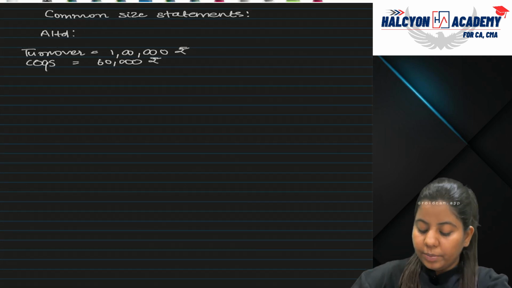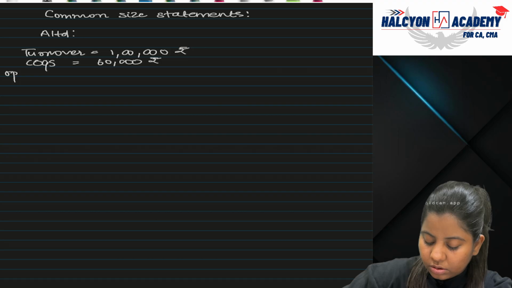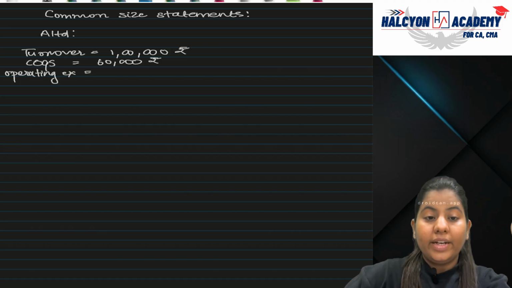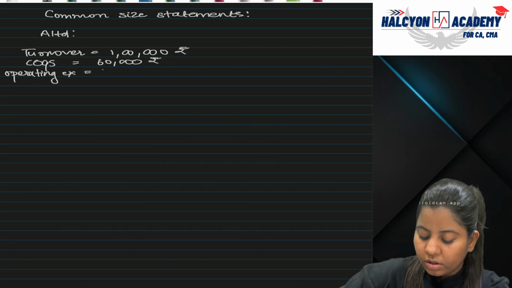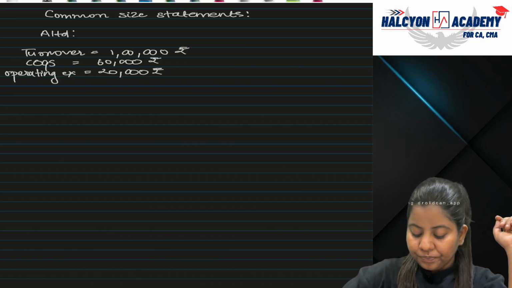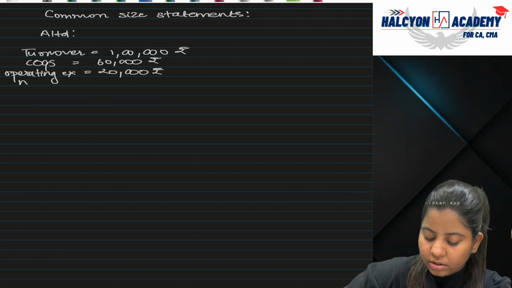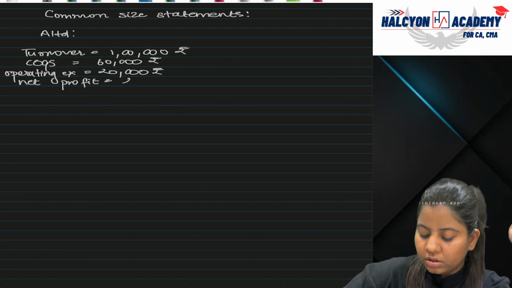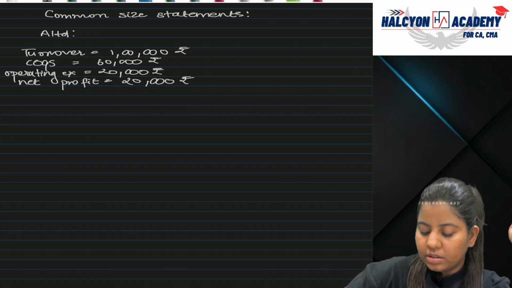Then the next thing will be operating expenses. Operating expenses of rupees 20,000. Okay. And the balance amount is net profit. Again 20,000 rupees.